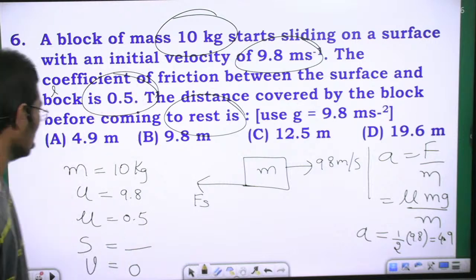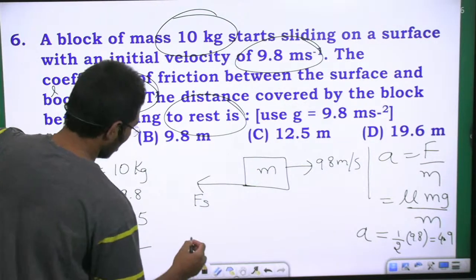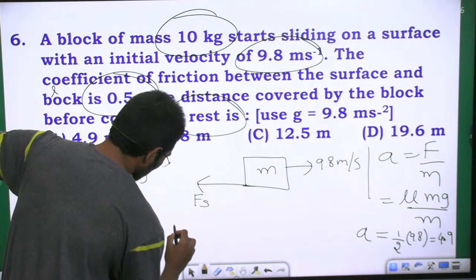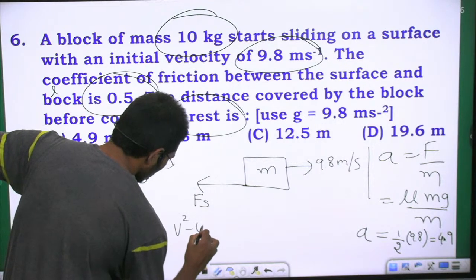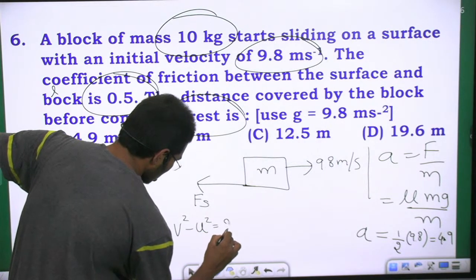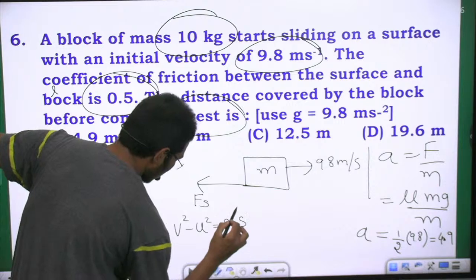We need to find s. From the equation v square minus u square is equal to 2as, we can find it.